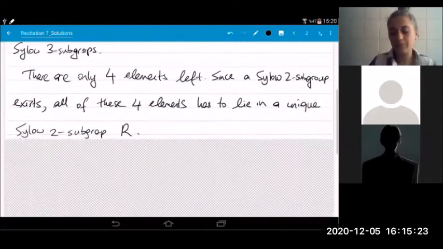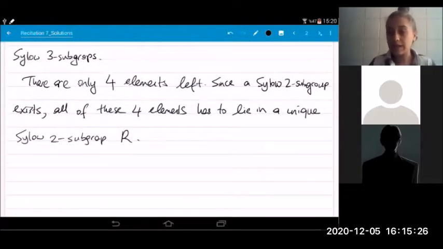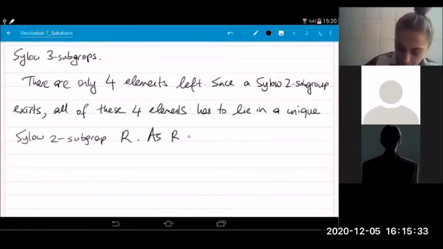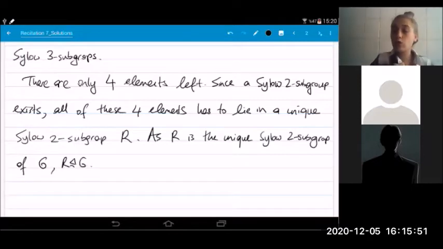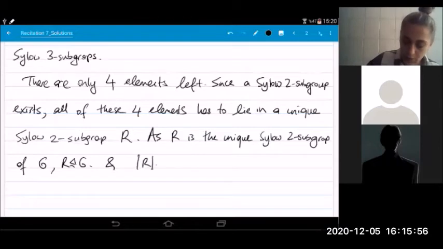Let us call it R. Since we have a unique Sylow 2 subgroup of G, this R has to be normal in G. And since this is a Sylow 2 subgroup, the order of this subgroup is 4.